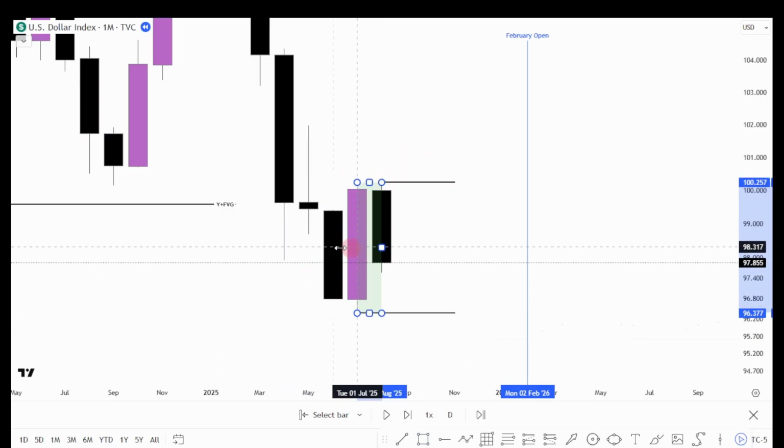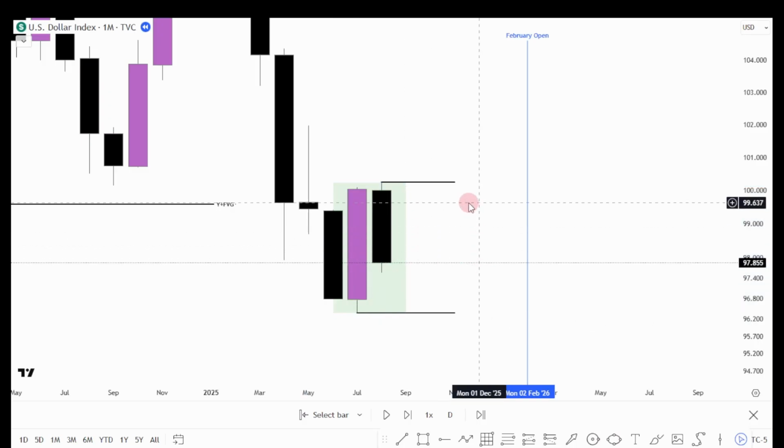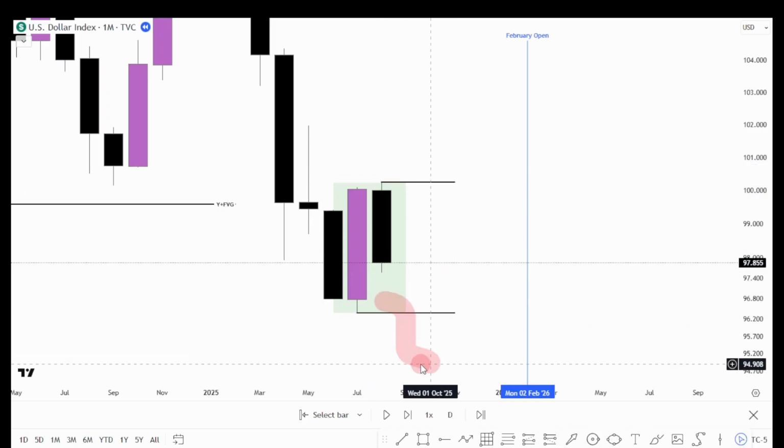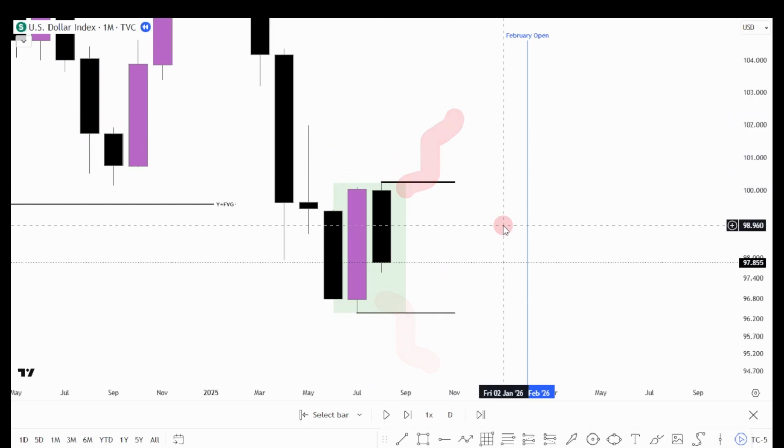If we take the original consolidation, the horizontal range between these two levels right here, last swing high and last swing low from monthly, what followed devastated any attempt for breakout traders, whom we know would like to place their orders on the swing high and low to catch the breakout. Every single time, it's a fake breakout.